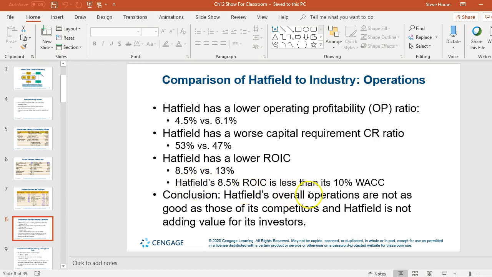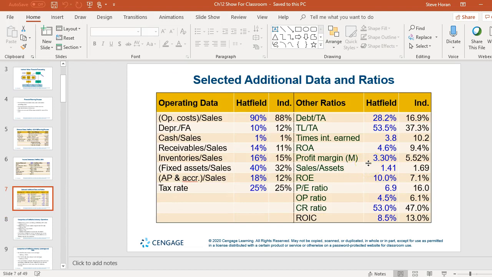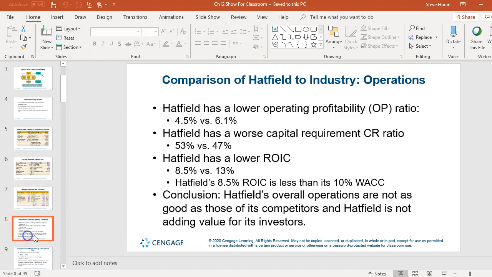Their ROIC is less than its 10% WACC, which is never good. You want your ROIC to be above your WACC. So they're not as good as their competition, and are not adding value for investors. Overall, they're kind of negative. There are some bright spots in here too, but overall, they're not very good.